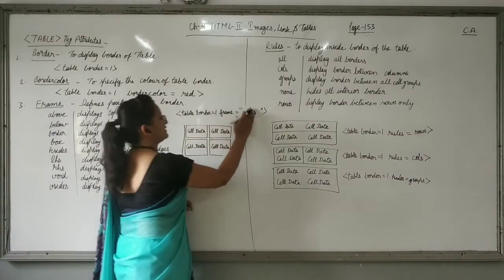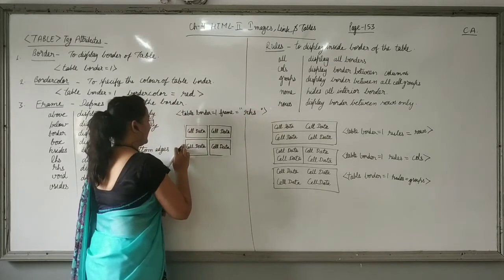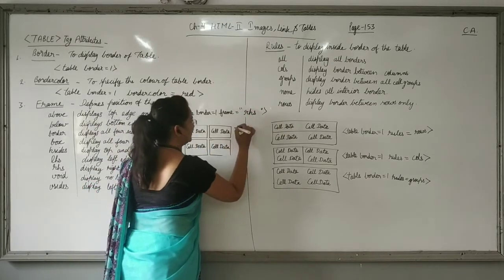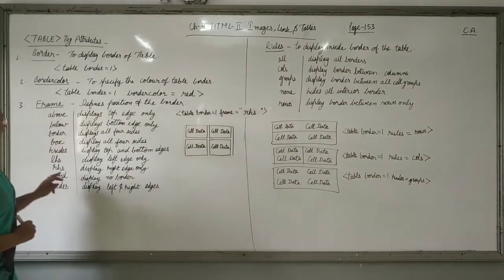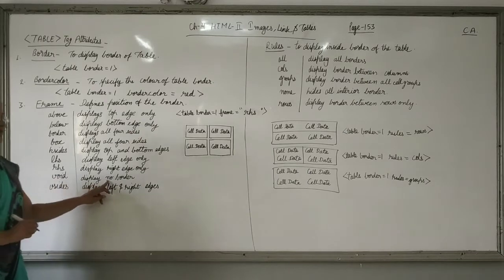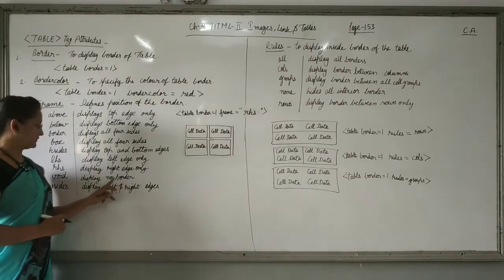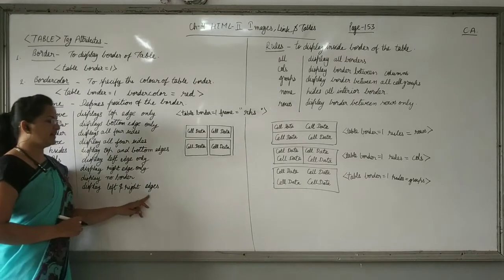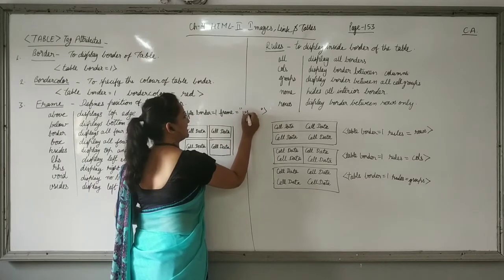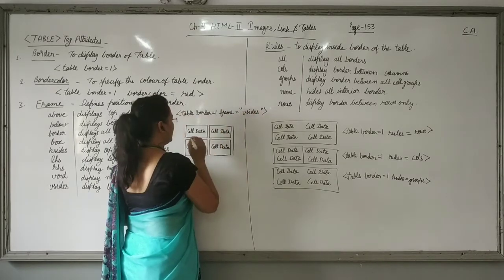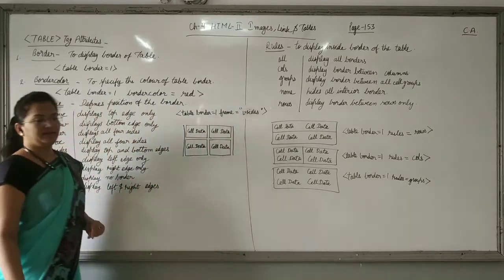If I write RHS, that means the right hand side border, and we will be able to see only the right hand side border. Next is void. Void means nothing, so void will not display any border. And vsides, as I already said, means vertical sides will be displayed. If I write vsides, only the left and the right border will be visible.